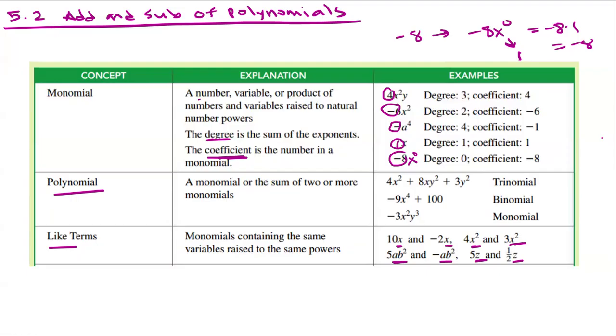So if this was, say, 5a squared b squared, then these two don't match, so you can't do anything with them. But since this is a to the first, this is a to the first, b to the second, b to the second, then you can do something with them. But again, if it was a squared, then you couldn't do anything. They wouldn't be like terms.